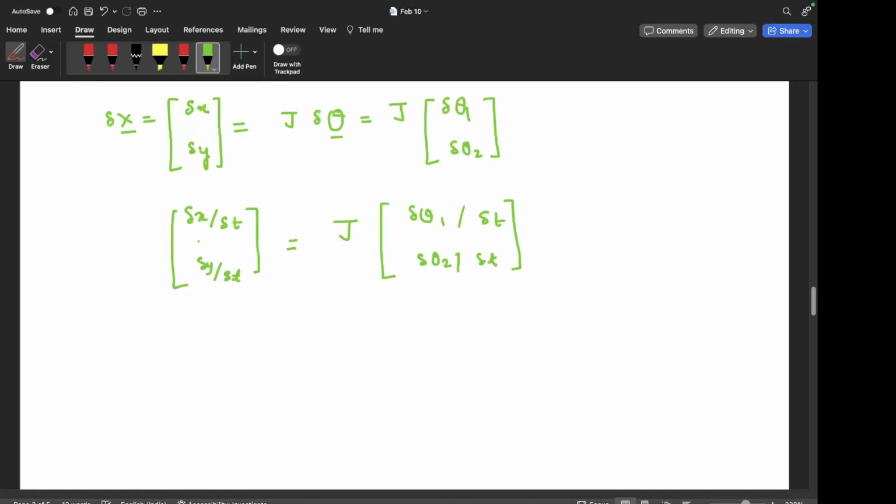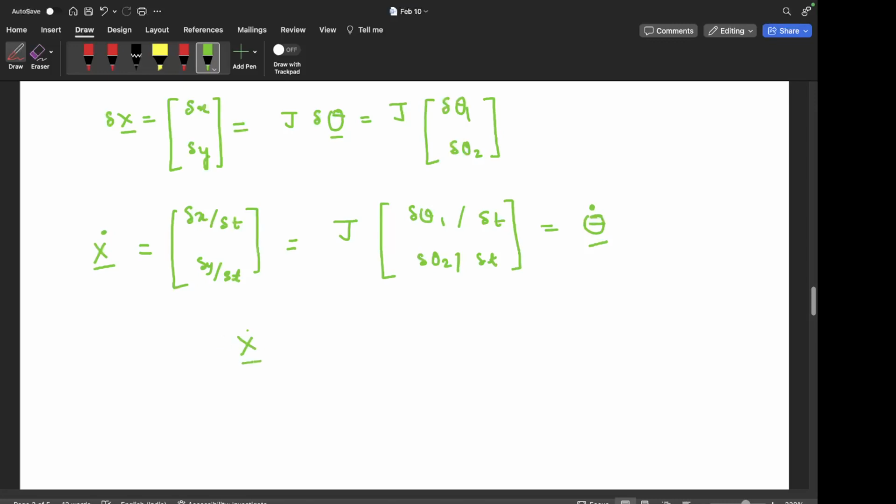So now what these quantities have become is x dot, y dot, and this has become theta dot.